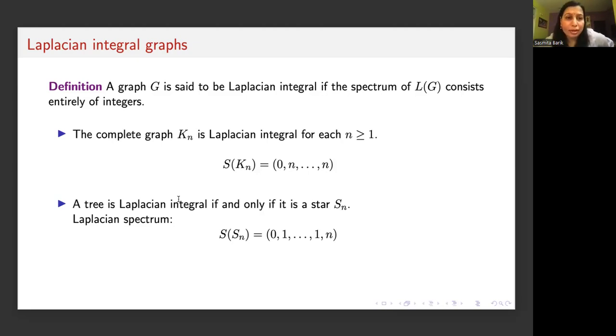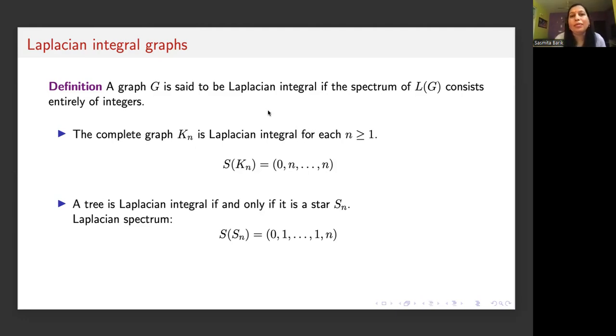But in the adjacency integral case, the spectrum is not that easy to get, and the problem is still unsolved even for the tree case. Another thing is that in the Laplacian case, there are more graphs which are integral, so you will get integral graphs more frequently.